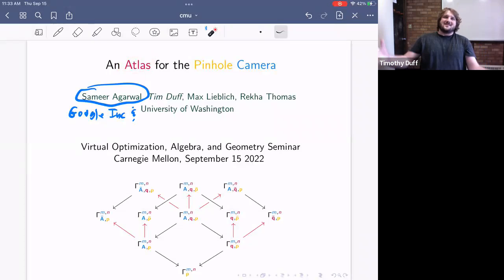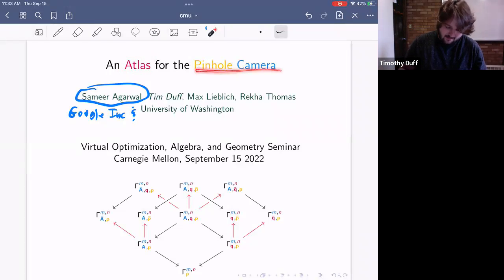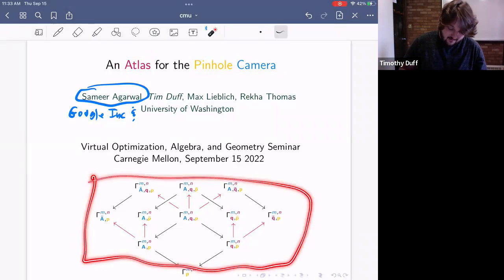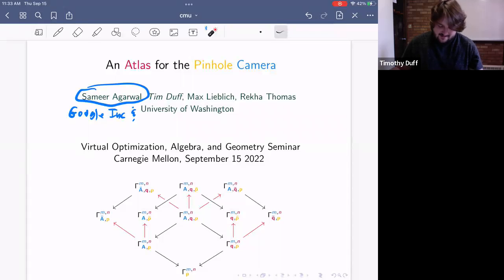And it's sort of an informal word, but it refers to a collection of interesting algebraic varieties that appear in the study of perspective image formation, also known as the pinhole camera model. And the picture that you see on the very front slide is this atlas, with some arrows indicating operations which take you from one variety to another.